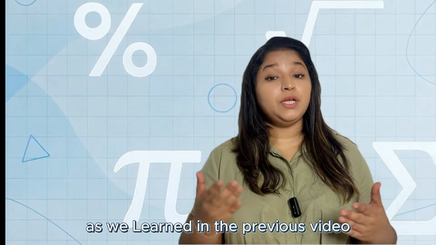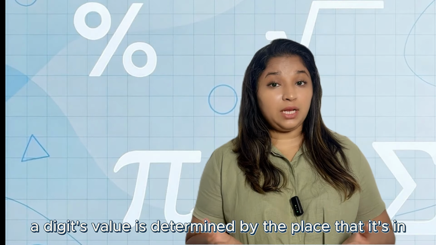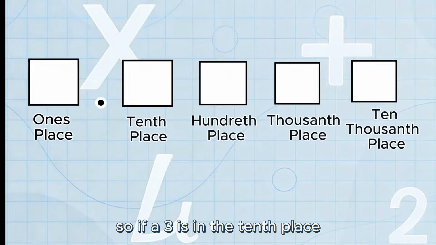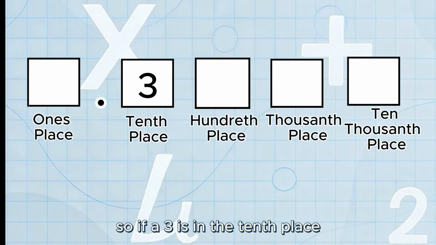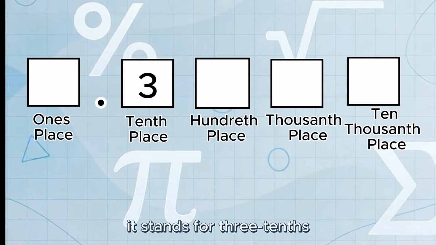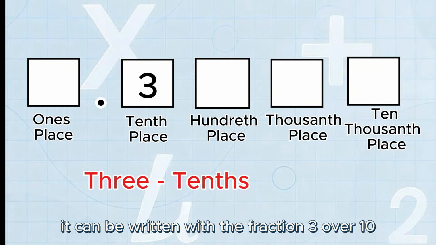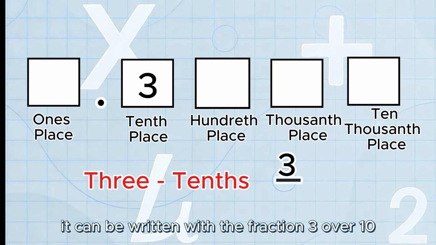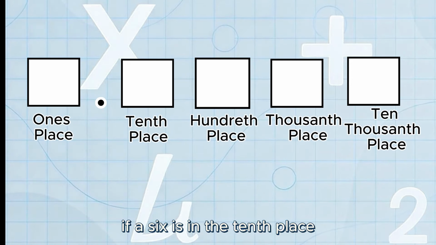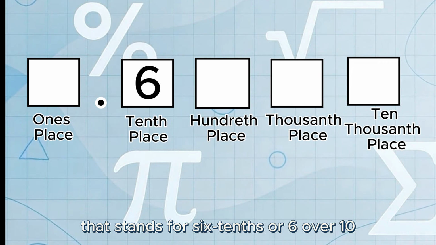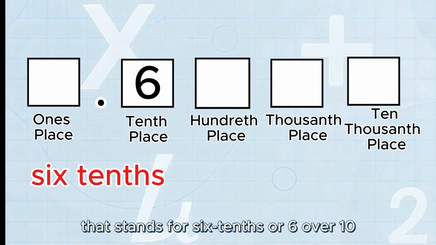As we learned in the previous video, a digit's value is determined by the place that it's in. So, if a 3 is in the tenths place, it stands for 3 tenths. It can be written with the fraction 3/10. If a 6 is in the tenths place, that stands for 6/10.